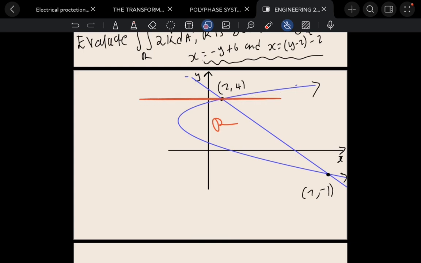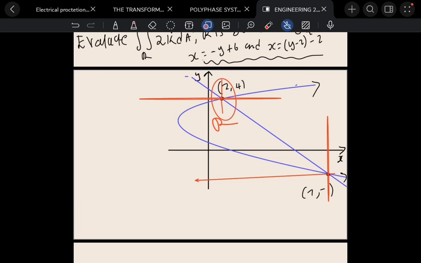No. But when you draw a vertical line here, that vertical line enters the region. There is a problem.